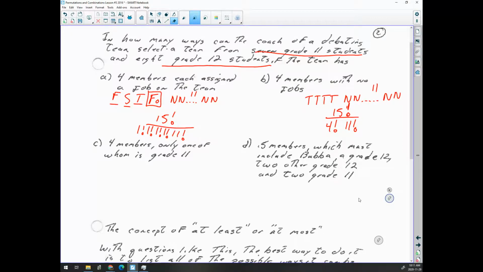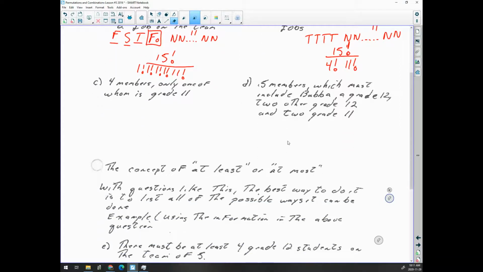With the next question, 4 members, only one of whom is in grade 11. So now we have to talk about the grade 11 kids and the grade 12 kids. We have to treat them separately. Now, if I have my grade 11, which I believe was 7, I have to check.